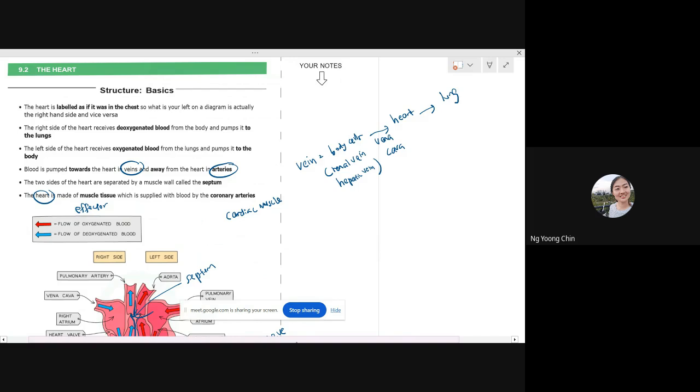They go into the vena cava and then enter the heart. So they enter the right side of the heart, from the right atrium to the right ventricle, and then the heart will pump the deoxygenated blood, because always remember that veins carry deoxygenated blood only.